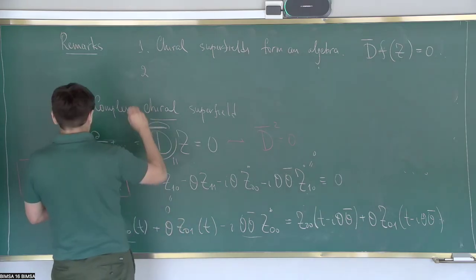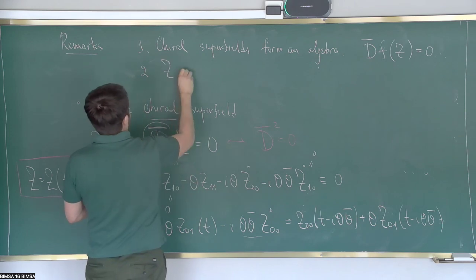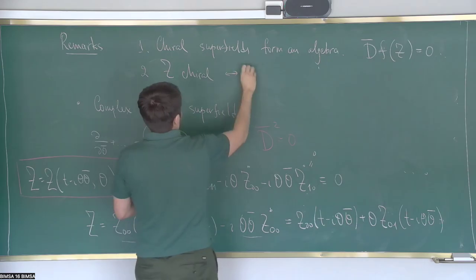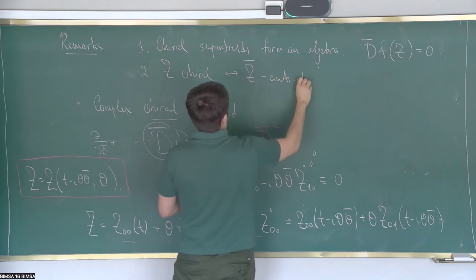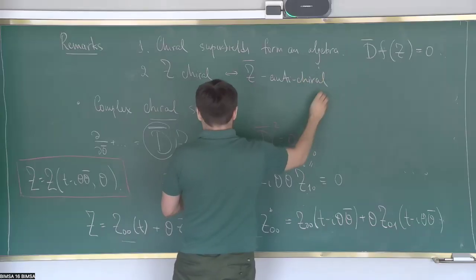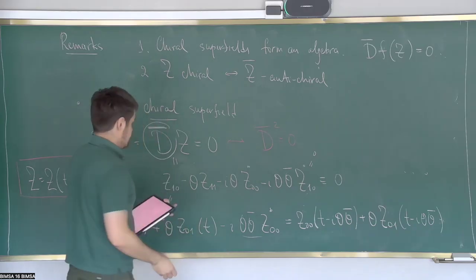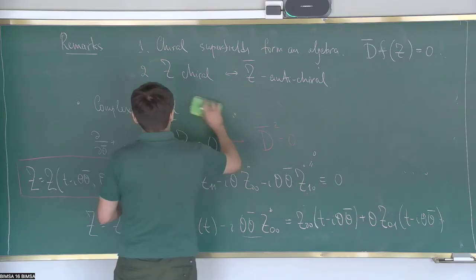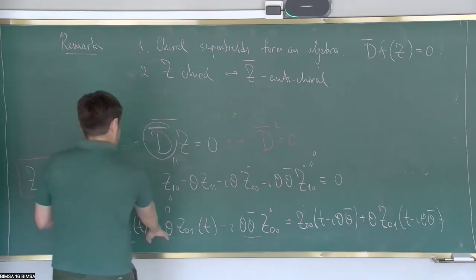Second, if z is chiral, then z bar is anti-chiral. This follows from the fact that z is written here.